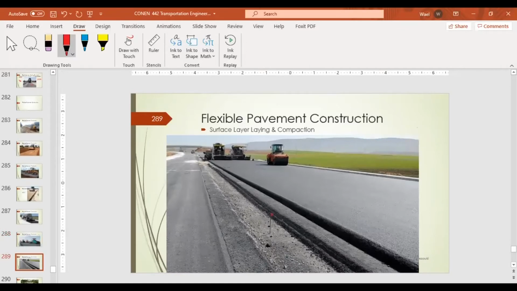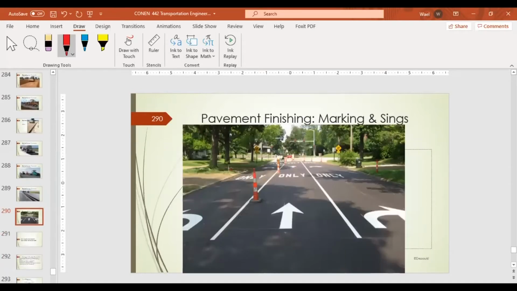So here we have the surface layer. That's the smooth layer, and this is the compaction for it. Then after that we go to the pavement marking and signage. That's the final step in flexible pavement construction. Any questions so far?